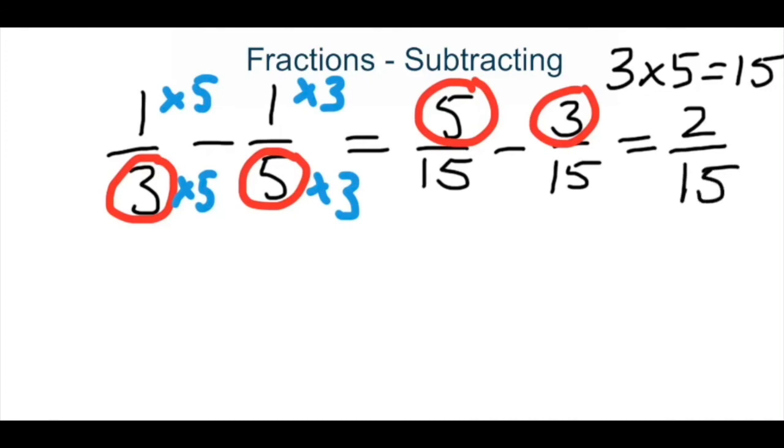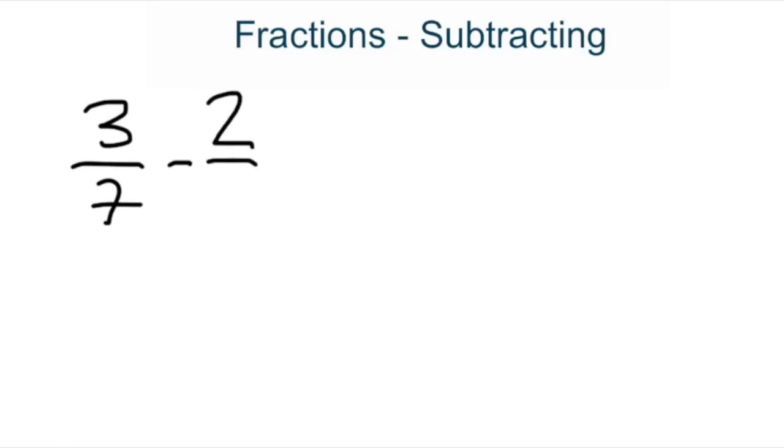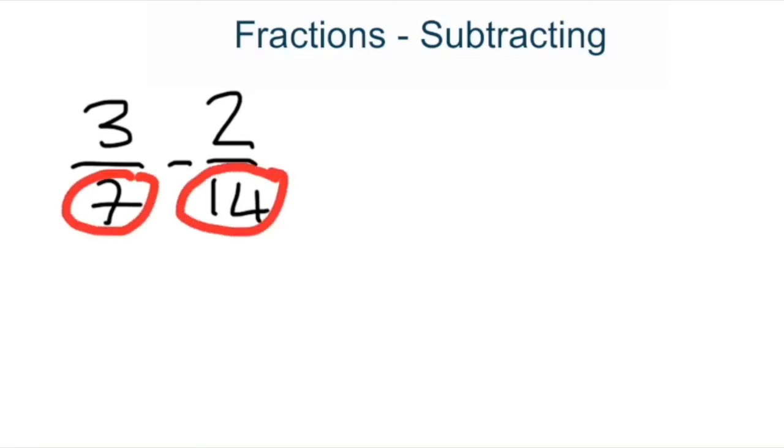And this can't be simplified down any further because there is nothing we can divide both the top and the bottom by. So with one final example for our subtracting, we are going to do 3/7 minus 2/14. Now this is an interesting one because although our denominators are different, we can see they're multiples of each other. We can get 7 to 14.